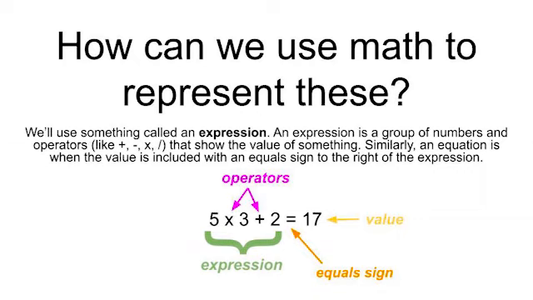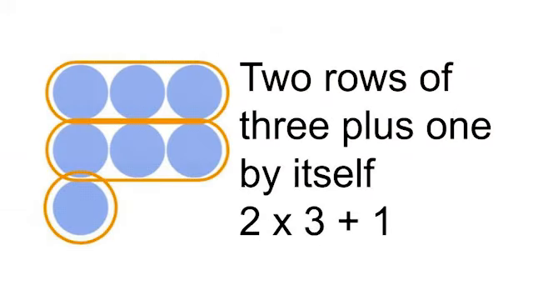So let's go back to our examples from the dot problem and come up with some expressions to represent each of our descriptions. For the first one, we'll write 2 times 3 plus 1 because we've got 2 rows of 3 dots plus 1 dot on its own.